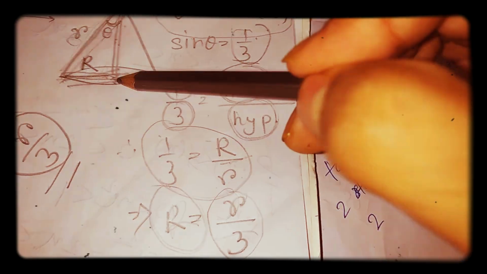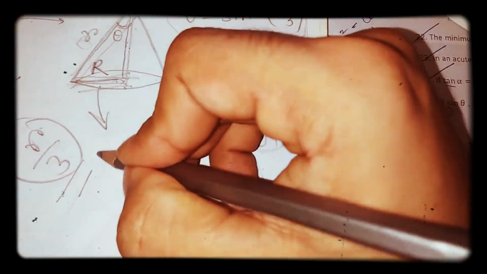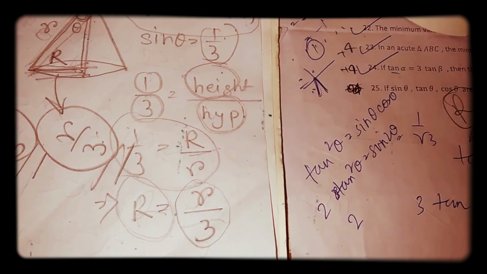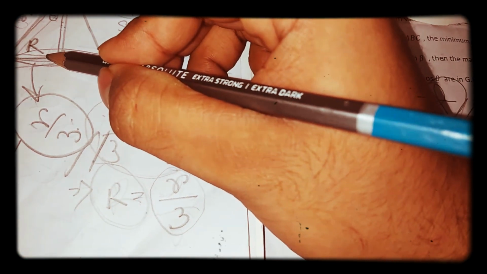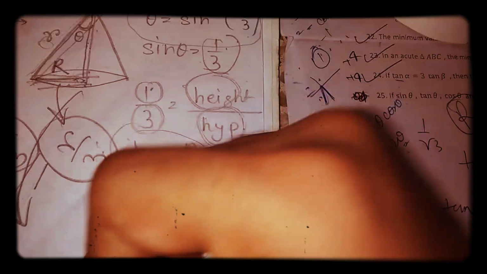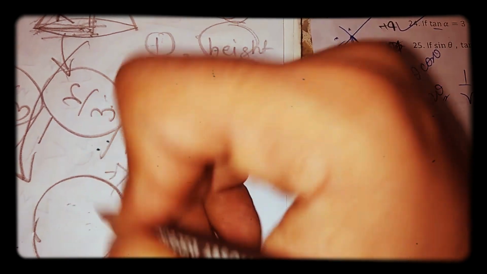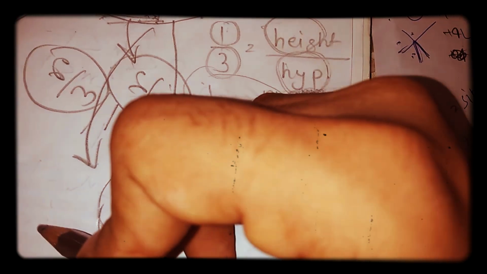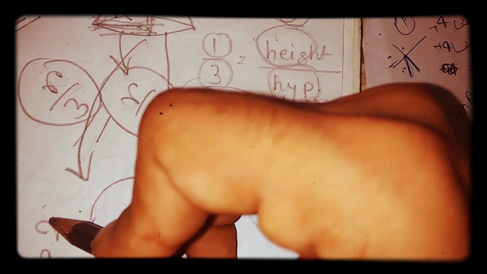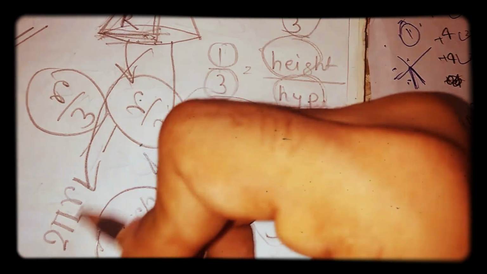Now we know the perimeter of the bottom of the cone, this circle, whose radius is r by 3, so the perimeter is 2 pi r by 3.